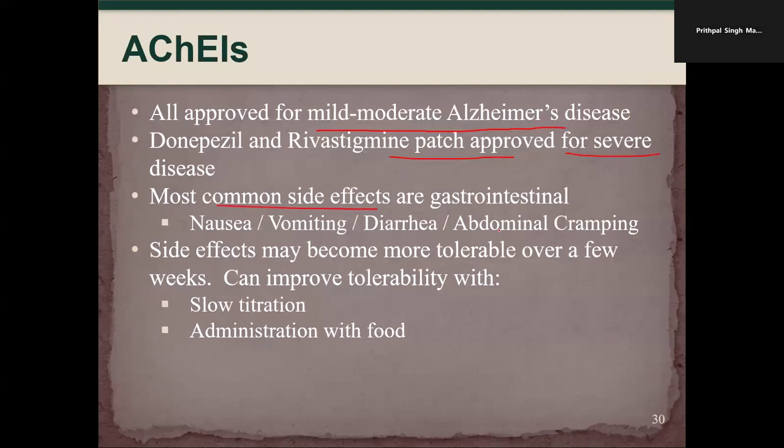The most common side effects are gastrointestinal: nausea, vomiting, and diarrhea. Side effects may become more tolerable over 2 weeks, and tolerability improves with slow titration, starting with a low dose and increasing gradually.